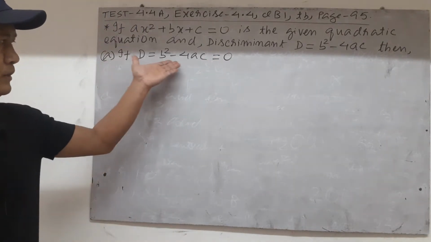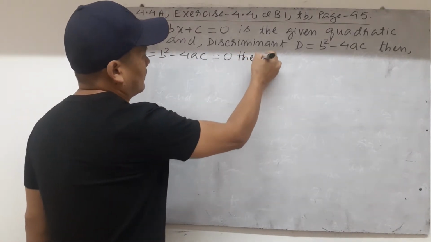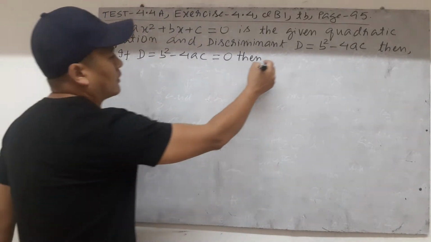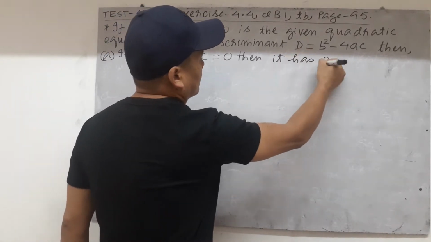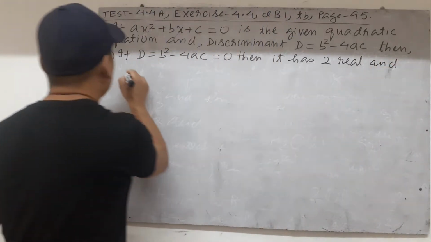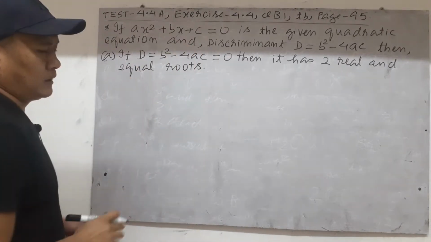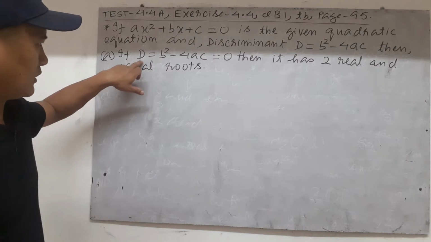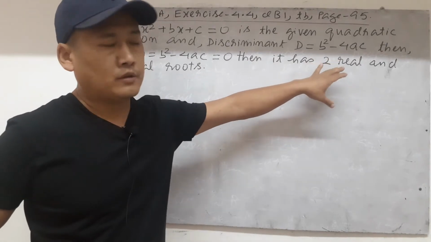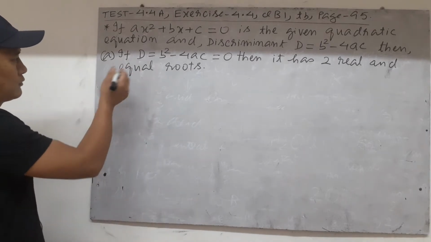If D or b squared minus 4ac, both are same, is equal to 0, then it has two real and equal roots. This is the first condition we need to keep in mind. If any given quadratic equation has the discriminant b squared minus 4ac exactly equal to 0, then we can be sure that it has two real roots which are equal. Just write it down, and as we go on we will explain more.